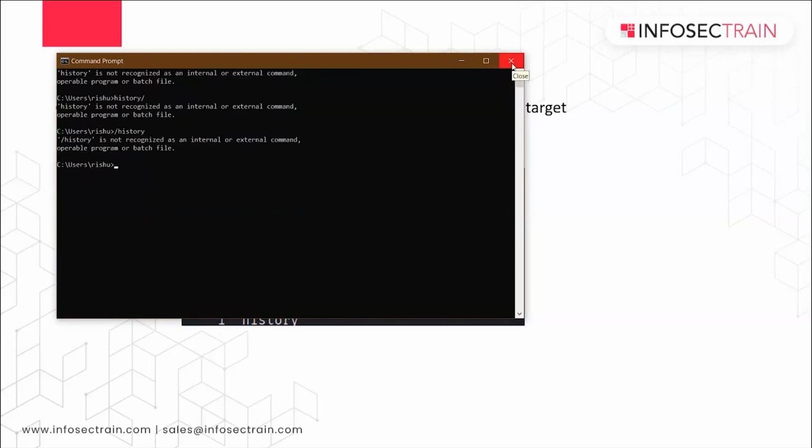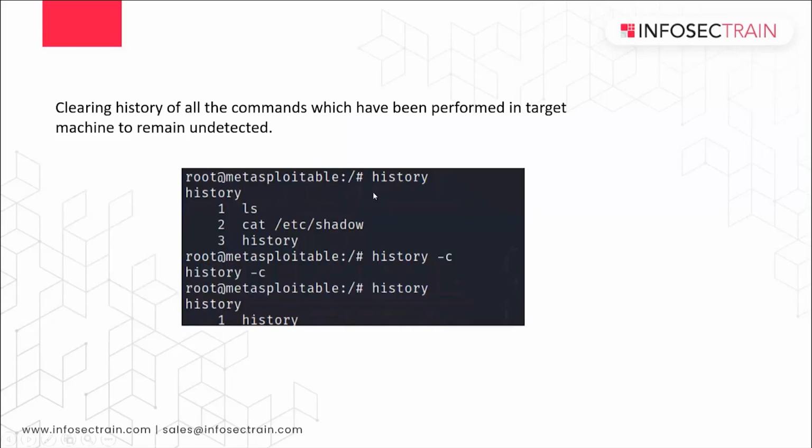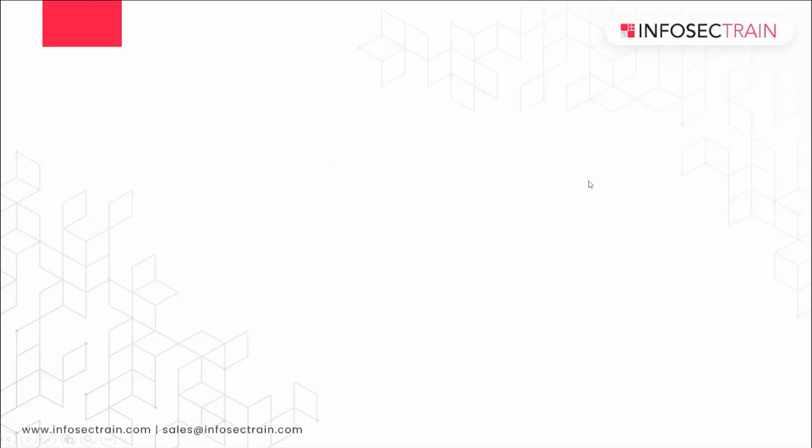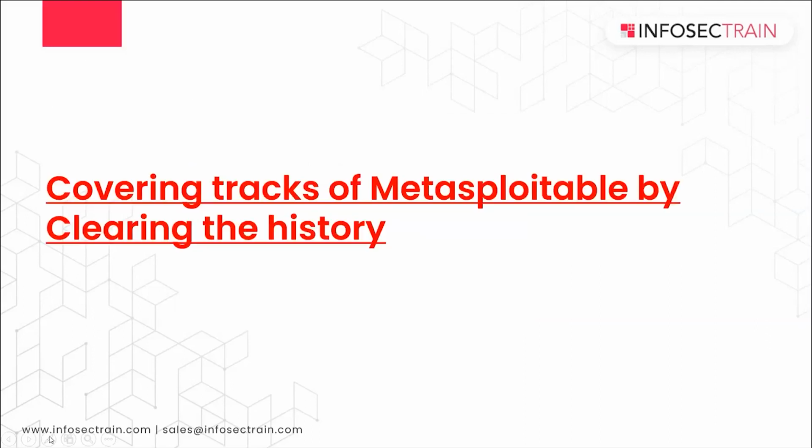So this is going to be cleared every time. You can close this one, and next time if you search for it, it is gone. So what else is there for PowerShell? When you are using PowerShell, you will be using a cmdlet with clear history. So everything is going to be different over here.